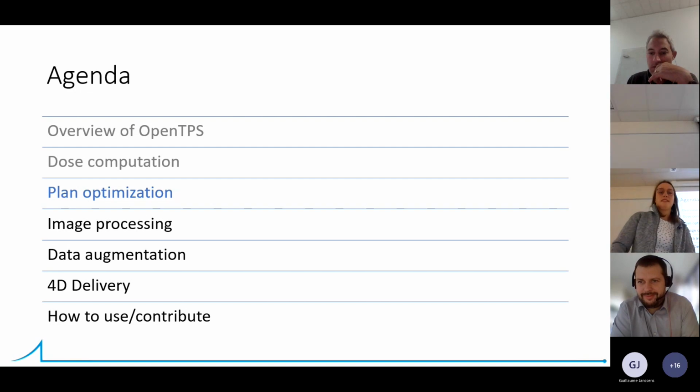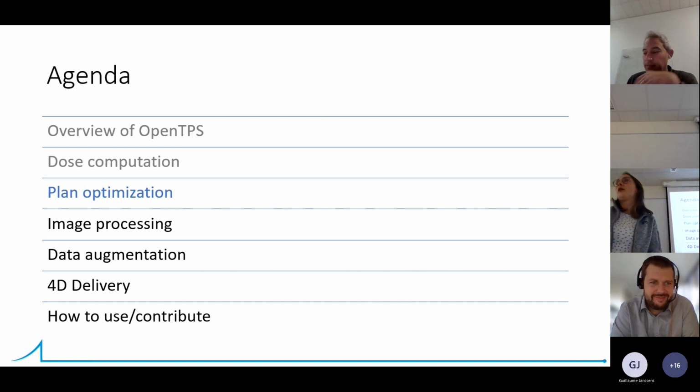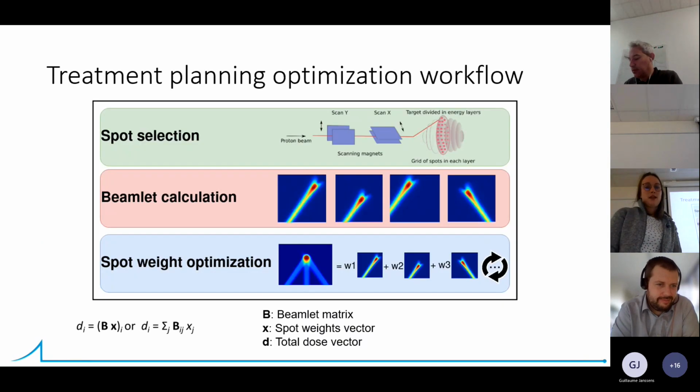Okay, hello everybody. So as Sylvain said, I'm working mainly on the optimization part. So first, maybe a recap on what is the treatment planning optimization workflow in general in radiotherapy. The first stage of planning is the spot selection, the spot placement.